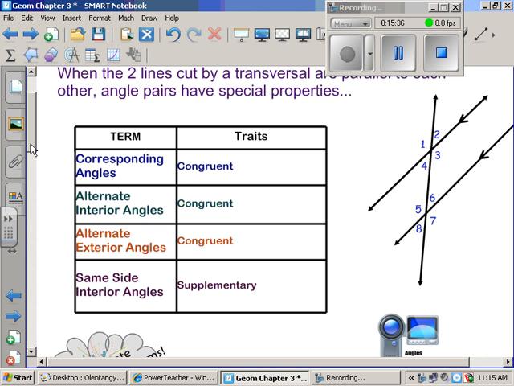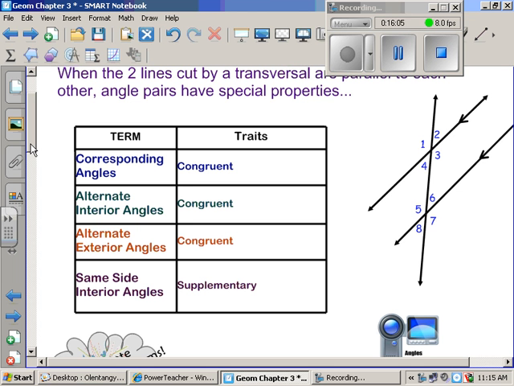Same thing with alternate interior, like 4 and 6. Those are congruent. And don't they look congruent? When two parallel lines are cut by a transversal, alternate interior angles are congruent, corresponding angles are congruent, and alternate exterior angles are congruent. So 1 and 7 are also congruent.